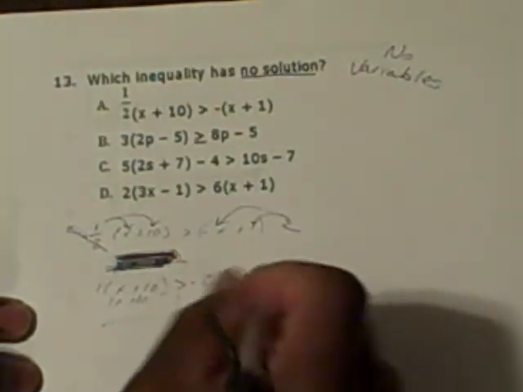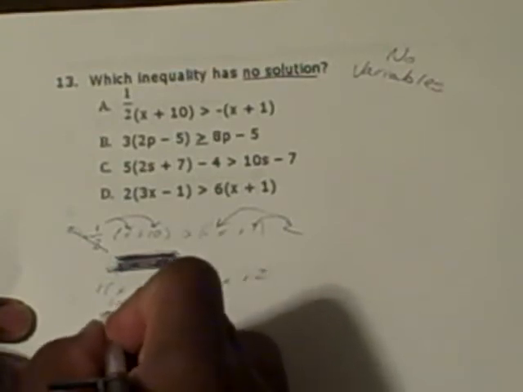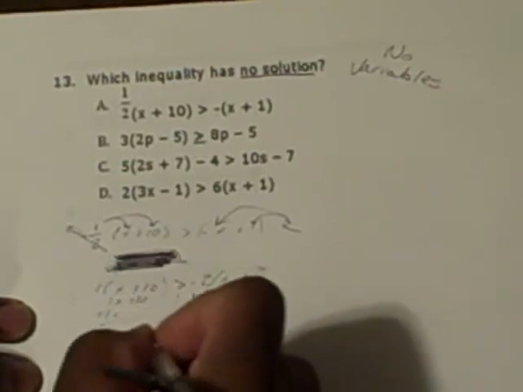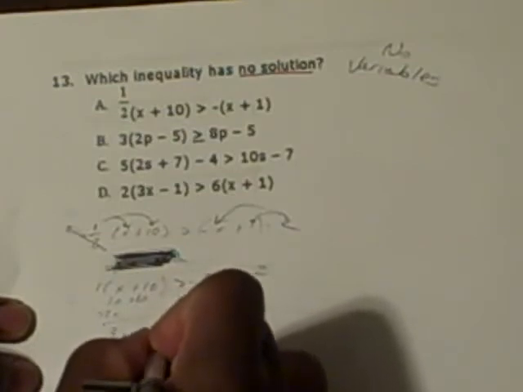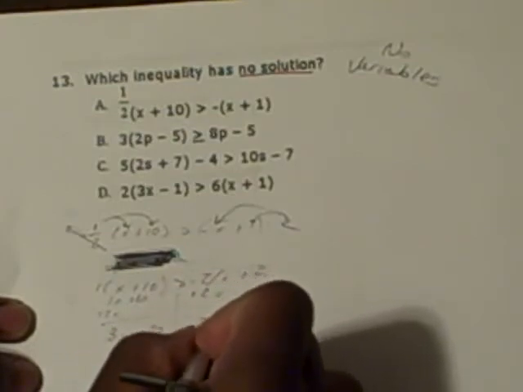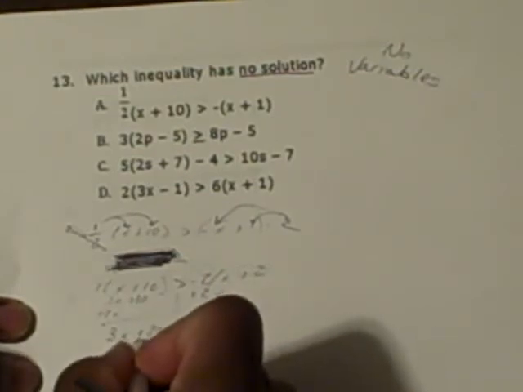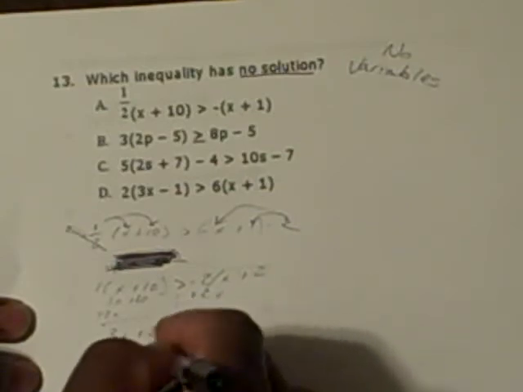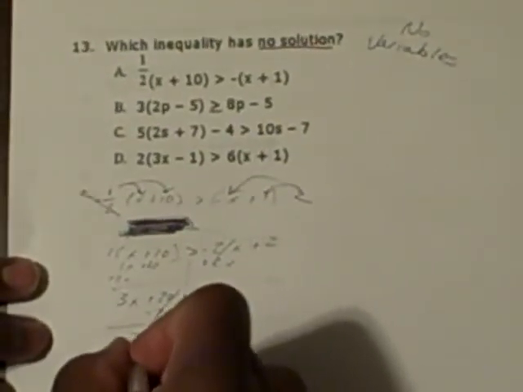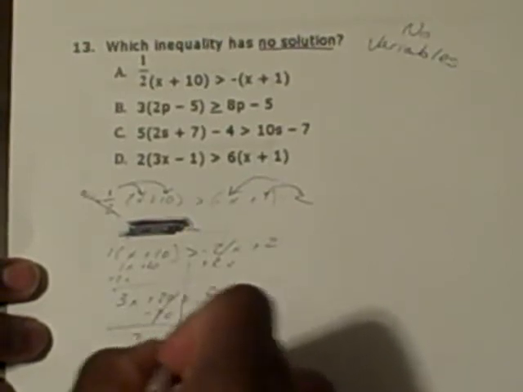At this point, we will add a 2x on both sides. These cancel. You end up with 3x plus 20 equals 2. At this point, we will subtract 20 on both sides, and we'll end up with 3x equals negative 18.